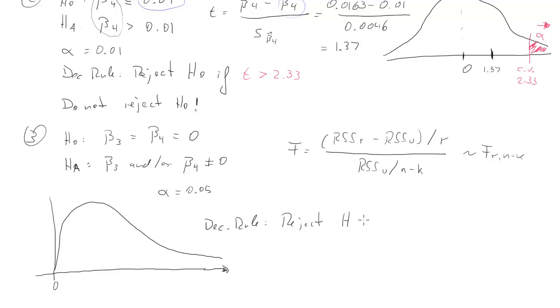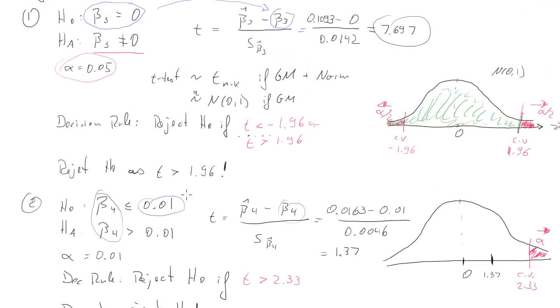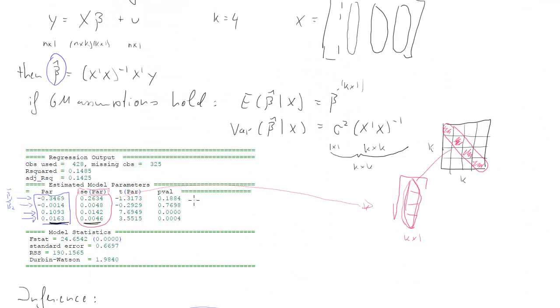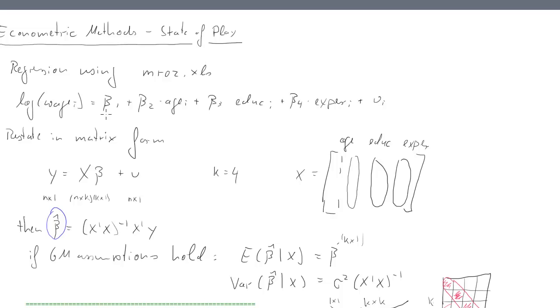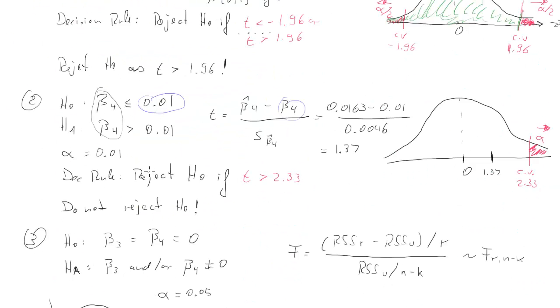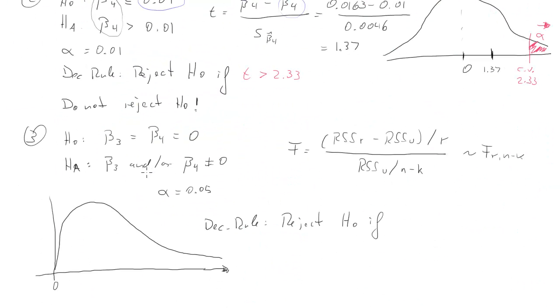Reject H0 if... Now, the restricted model is the model which implements the restriction beta 3 and beta 4 equal to 0. That basically means we run a regression of log wage only on a constant and age, not on education and experience. This model is going to fit the data less well than the model with all explanatory variables.